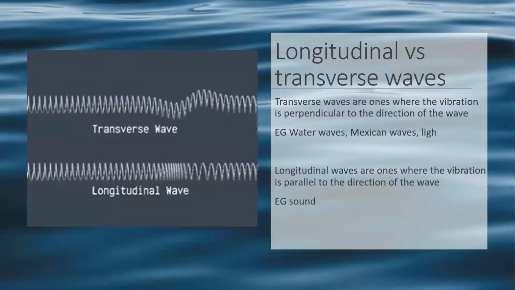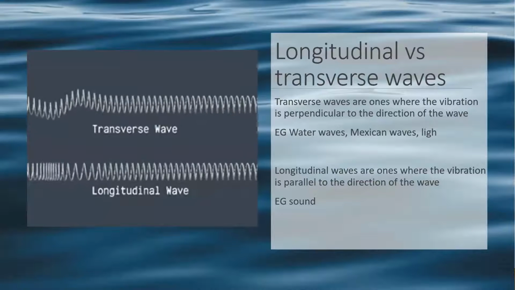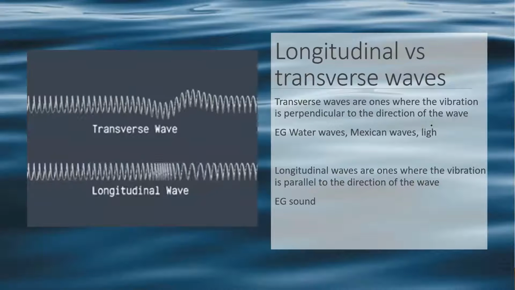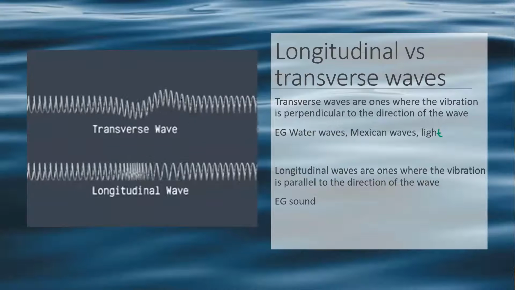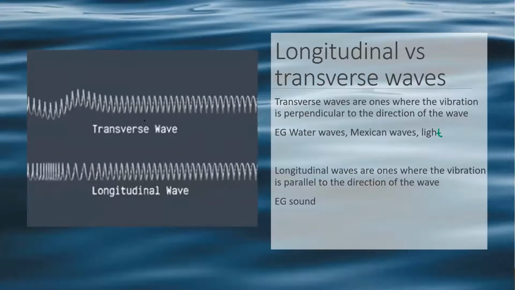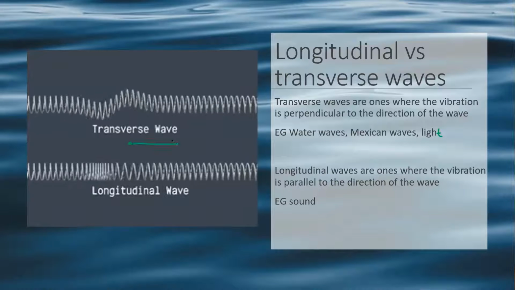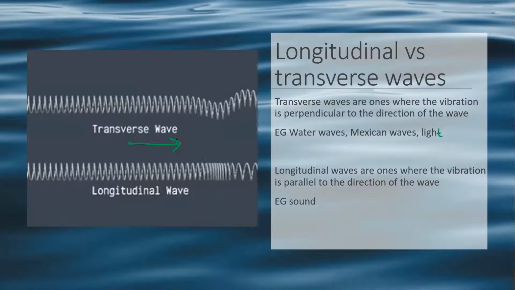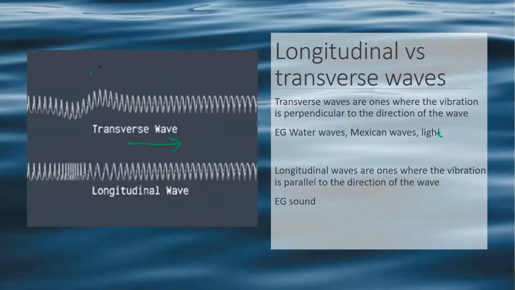Transverse waves are ones where the vibration is perpendicular to the direction of the wave. What that means is, let's look at this transverse wave here. This transverse wave is going to the right. We can see that it moves to the right. Let me just draw a picture here.